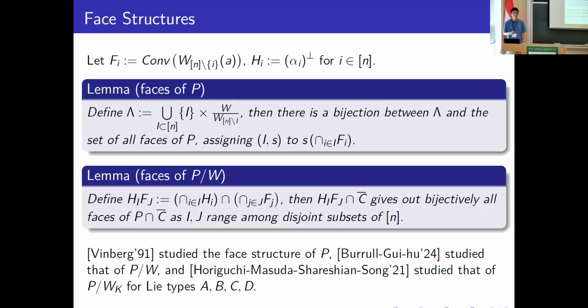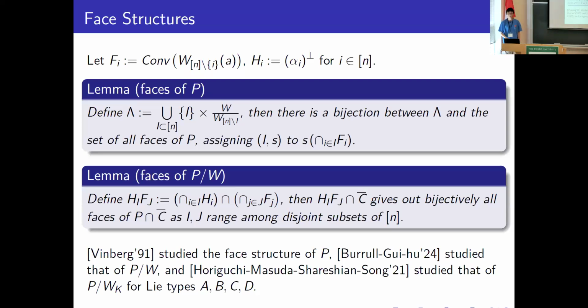Okay, so in general, we have this result about face structures. Let F_i be the convex hull of the orbit of A under the maximal proper parabolic subgroup W_{n minus i}. One can say all those F_i's are the facets of P meeting the closed chamber. So they are the generating facets. And let H_i be the hyperplane normal to alpha i.